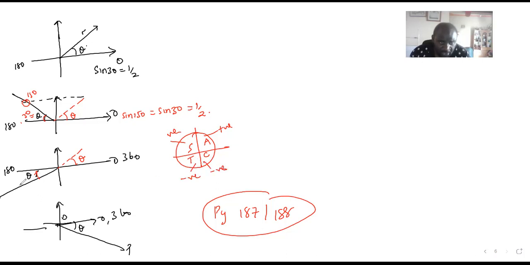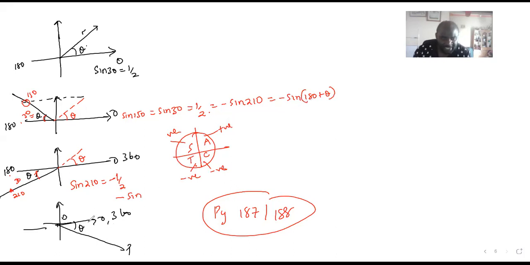So when you add the 30 to 180, when you arrive here, it will be 210. So sine of 210 is also a half, but because of these quadrant signs, it is a negative half. So if you want it to become positive, it should be negative sine of 210, which is the same as negative sine of 180 plus any other angle.